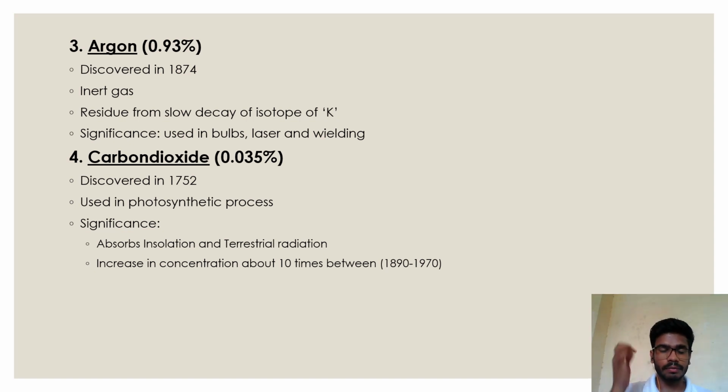But what we have noticed in recent years is an increase in the concentration of carbon dioxide. This is because of the increased use of fossil fuels. Over the years, the proportion of carbon dioxide in the atmosphere, in parts per thousand, is increasing, and it is leading to a phenomenon where the heat trapping efficiency of the atmosphere is increasing, and that has led to global warming.